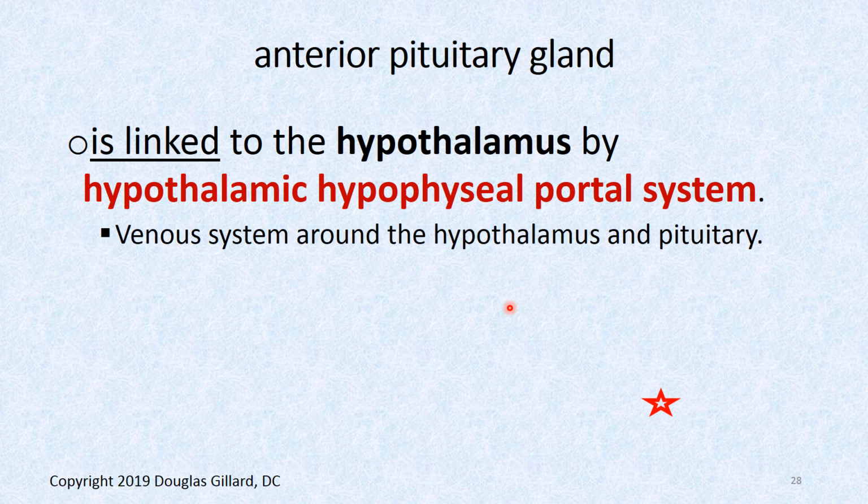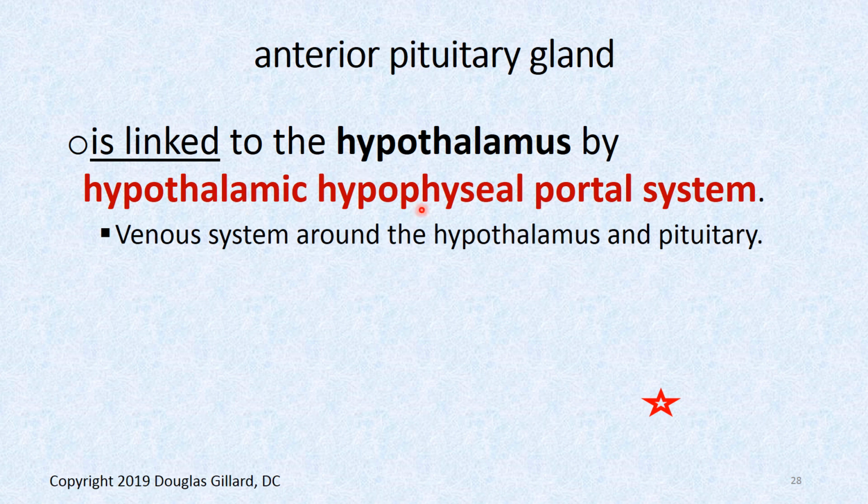We already know the anterior pituitary is linked to the hypothalamus, not by a nerve system, but by a flat-out vessel system. It has a name, of course. The hypothalamic-hypophyseal system. Hypophyseal means pituitary, and it's a portal-like system, so it's more of a venous-type system.